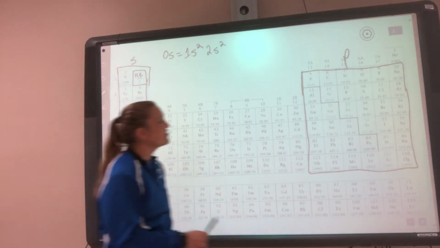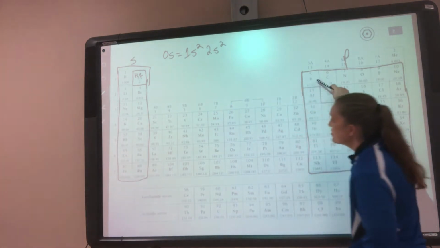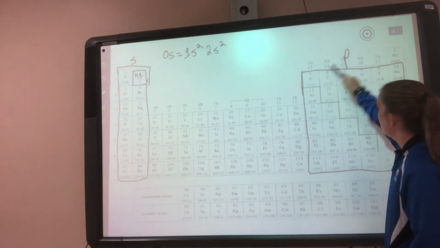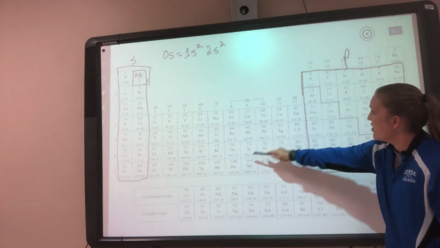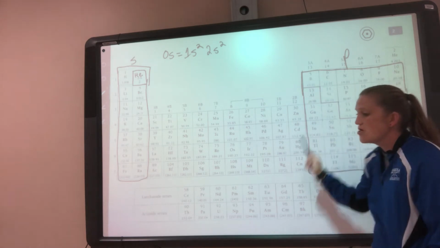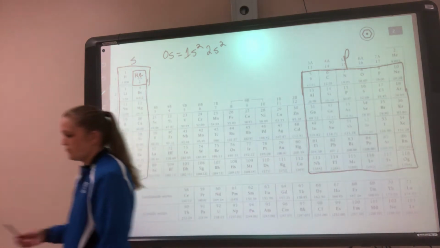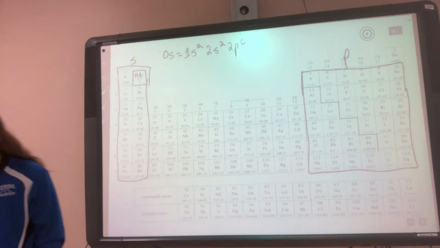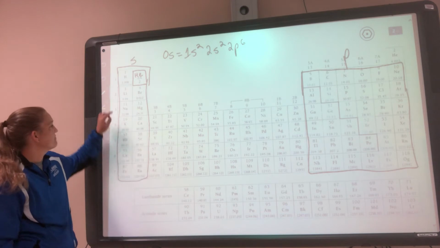Now we're over here with 5, okay? So 2 all the way over, and it's a 2p, and we know we have to get all the way down here, so we go 1, 2, 3, 4, 5, 6, so 2p6. All right, back over here.